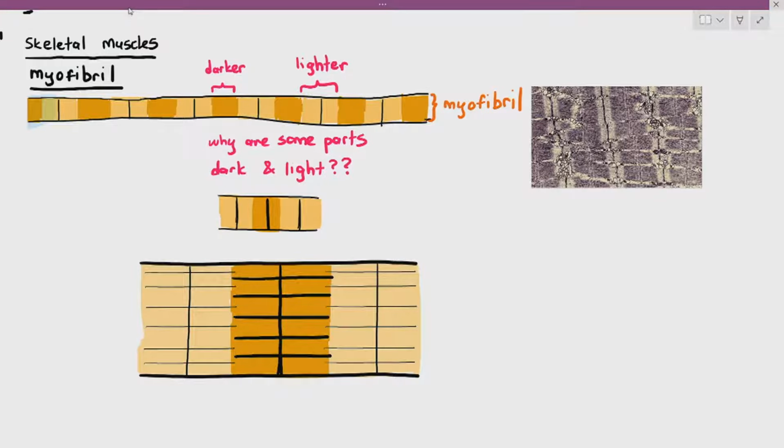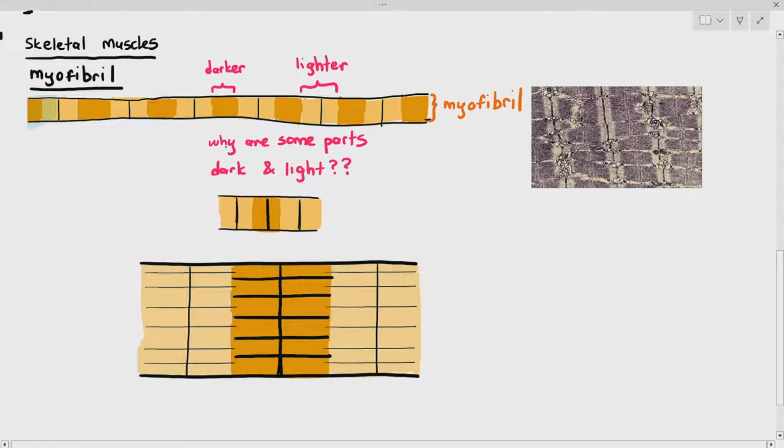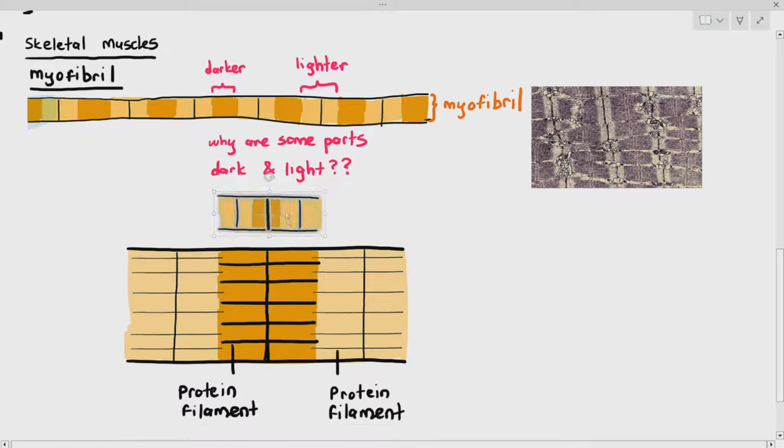Now you can see that the dark areas and the light areas have lines, and those lines are called the protein filaments. That is why people associate proteins with muscles, because a lot of times students will say, we need proteins to build muscles. Yes, you need proteins for a lot of things, but muscles require a lot of proteins as well, because the myofibril contains these protein filaments.